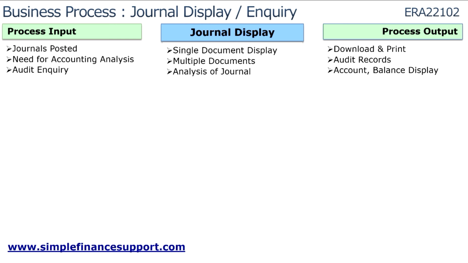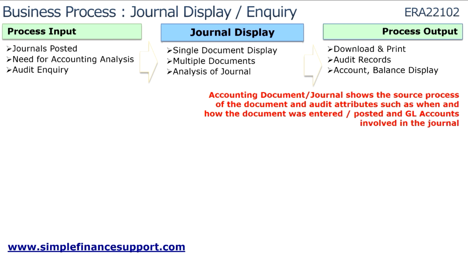As a process output, either you are downloading or printing the information, or for audit records you are taking screenshots of the accounting document displayed, or you may be looking at the accounting balance information.